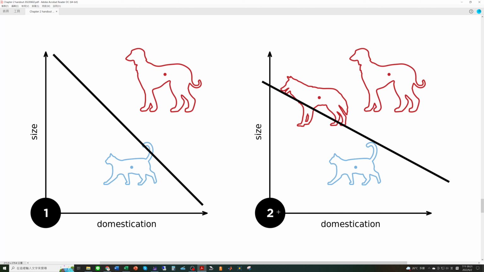Next, in subfigure 2 we add another data sample, which is another dog, so there is another sample point here. The linear boundary has been changed to this.